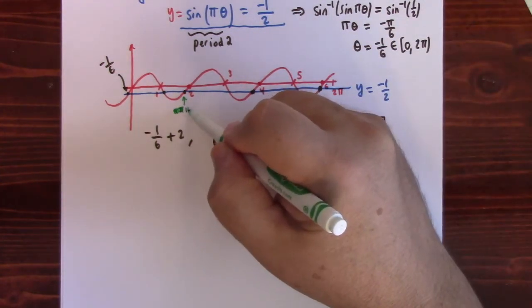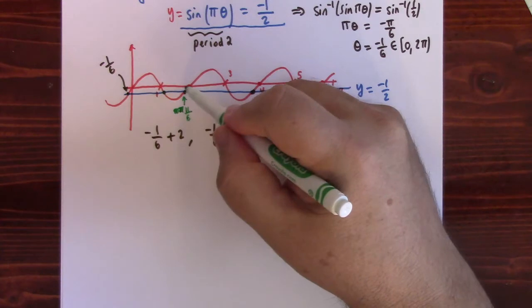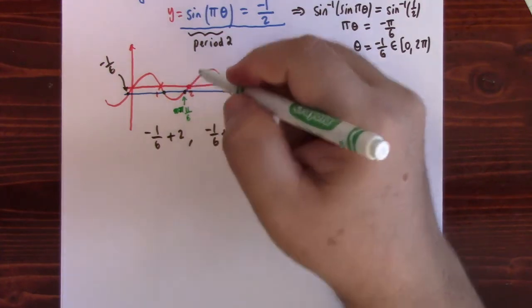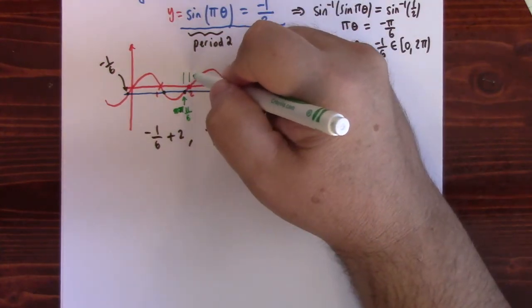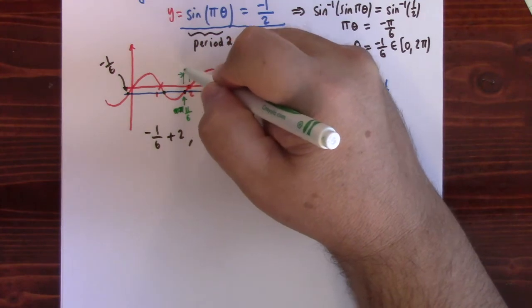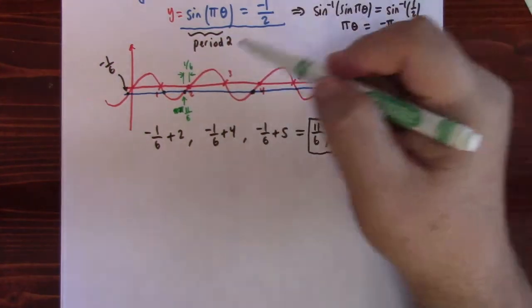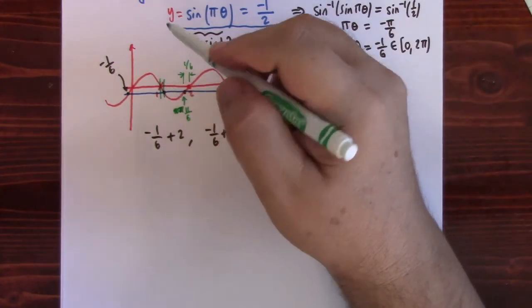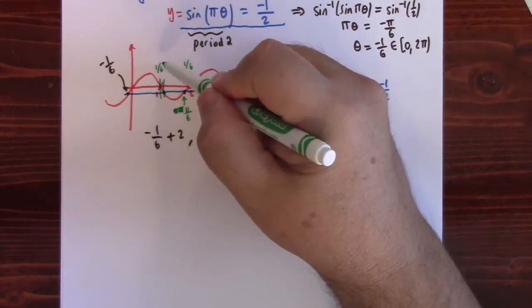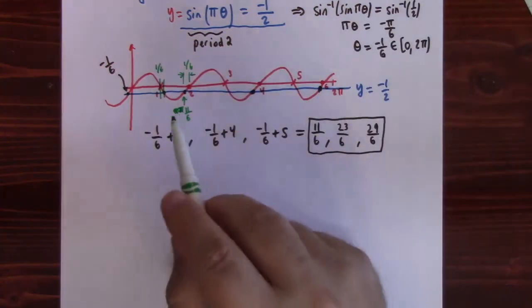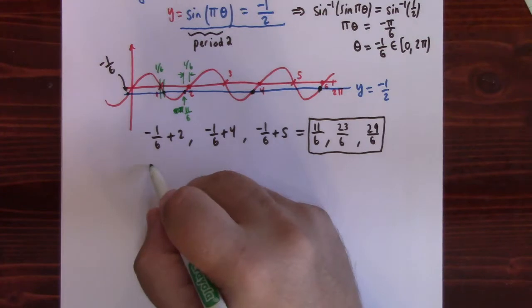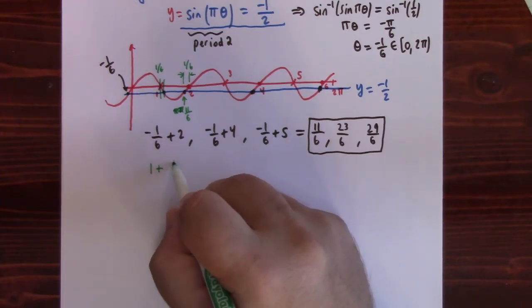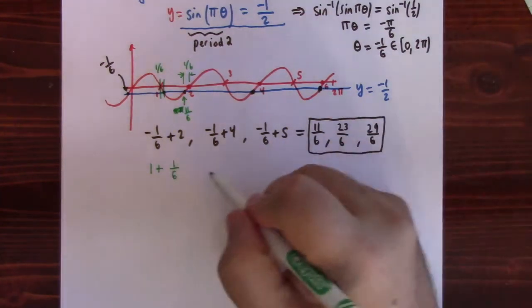Forget about that pi, 11 sixths. Well, that is 1/6 away from 2. See here to here, this distance, 1/6. So the same way over here, the distance from here to here should be 1/6 by the symmetry of the sine graph. So if I take 1 and add a sixth, that should be a solution.